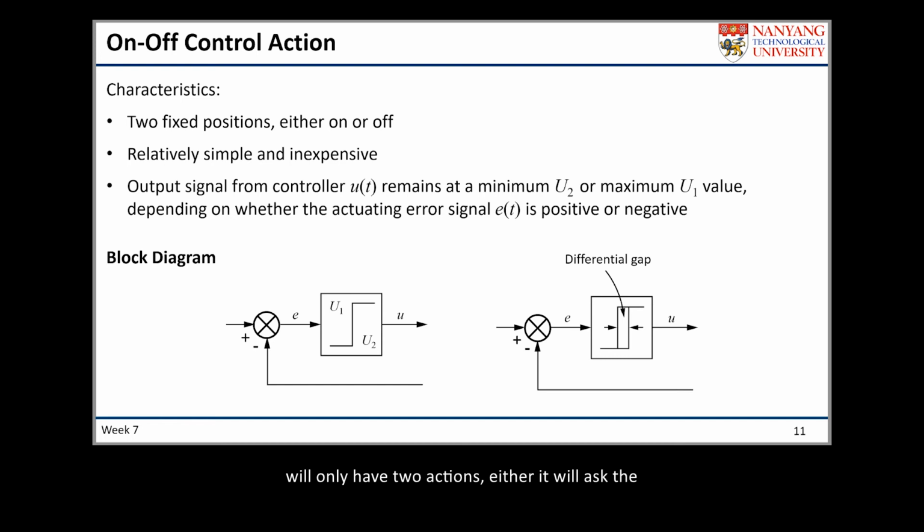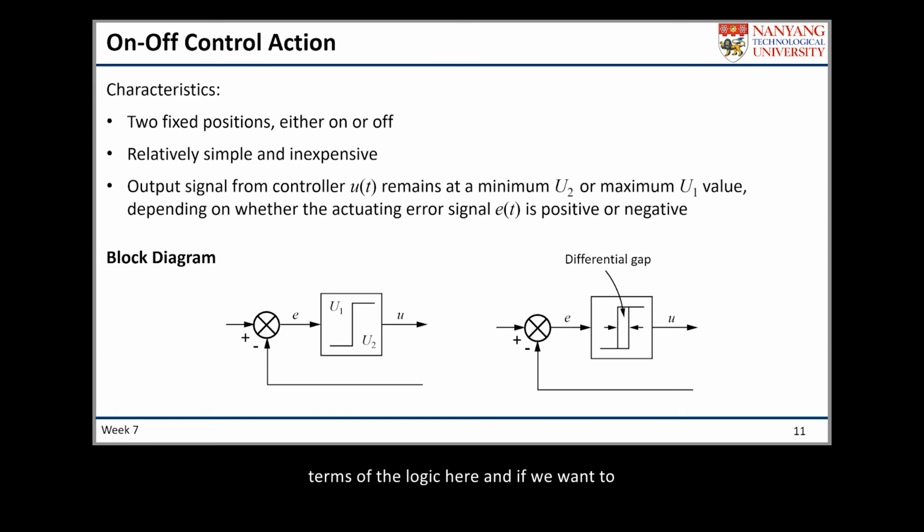Your controller will only have two actions. Either it will ask the heat pump to turn on when the room temperature is higher than the setting temperature, or the controller will ask the heat pump to stop when the room temperature is colder than the setting temperature. So it only has two actions, on or off. So it's pretty simple in terms of the logic here.